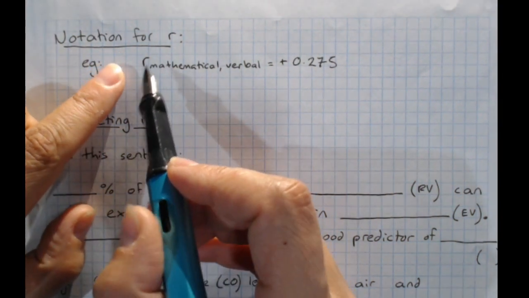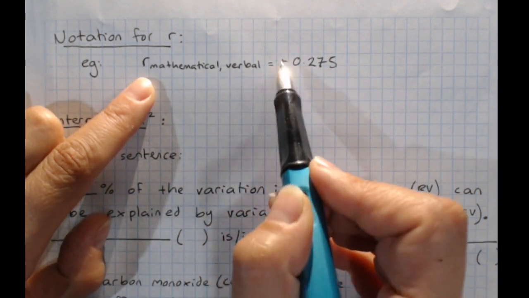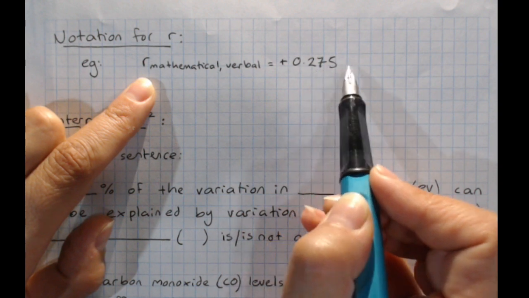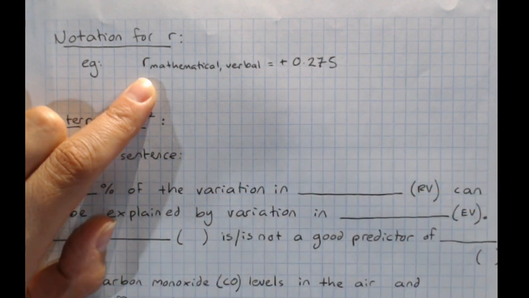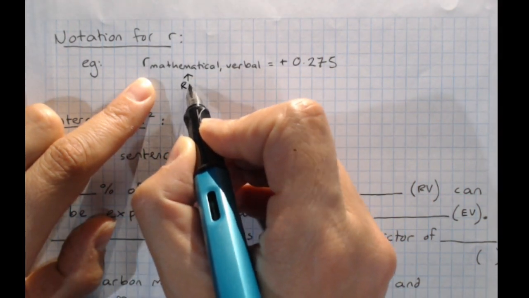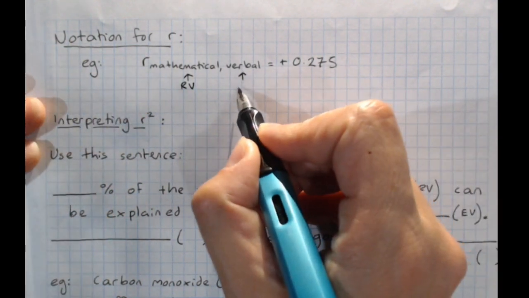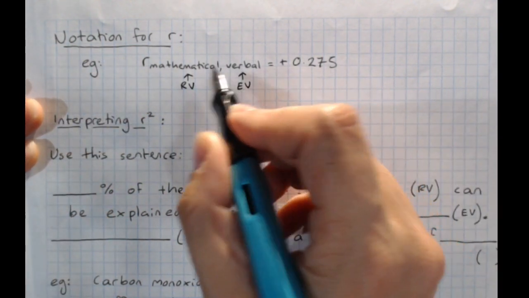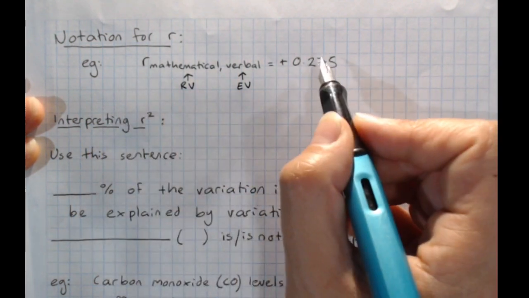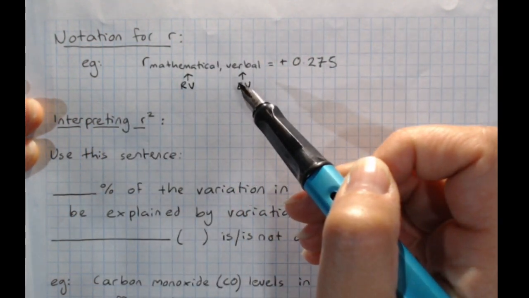So when I say r with subscripts mathematical, verbal is a positive 0.275, they are using a notation where the first one is your response variable, and the second one is your explanatory variable. So from their notation, you can tell which one's response and which one's explanatory.